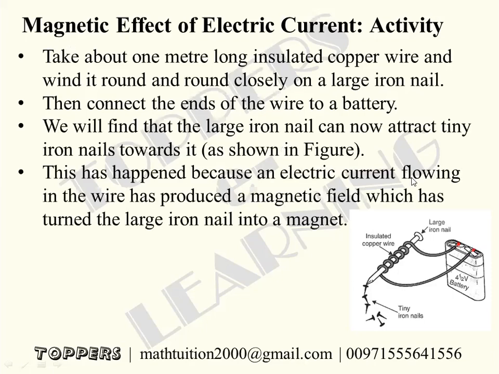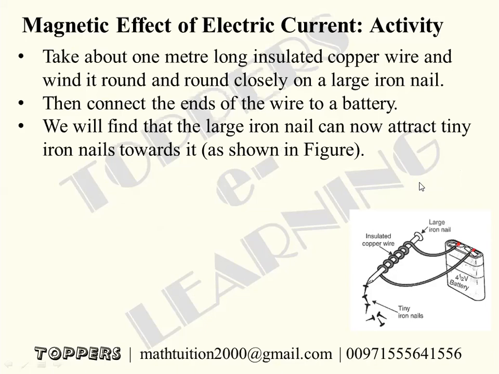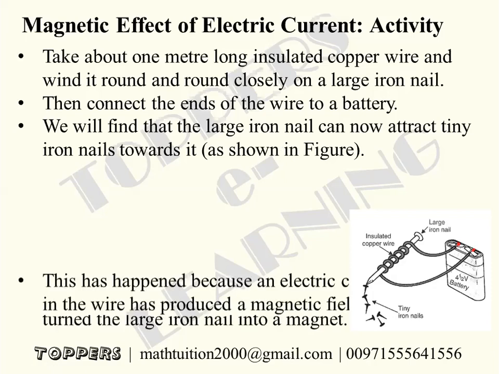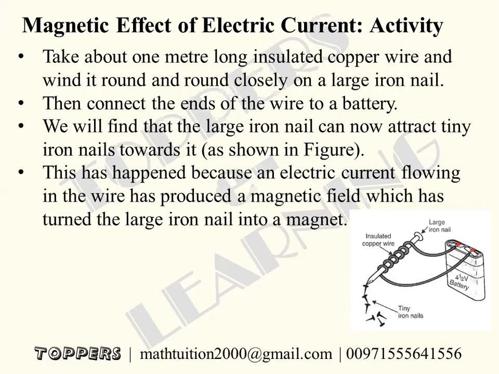Now, we will find that the large iron nail can now attract tiny iron nails towards it. This has happened because the electric current flowing in the wire has produced a magnetic field, which has turned the large iron nail into a magnet.